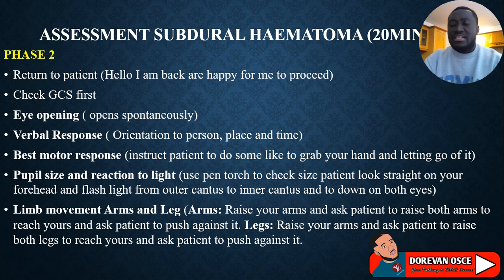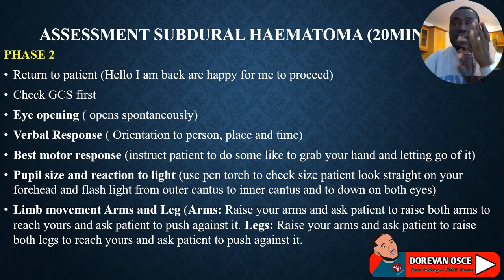Whatever size you get, maybe a size of 3, you write that the pupil size for the left eye is 3, and the right eye too is 3. And then you check the reaction to light by lighting the torch on the patient's eye. You do it for the left eye and the right eye.